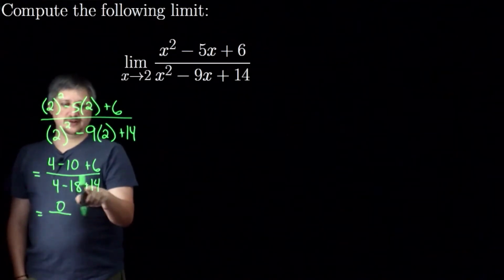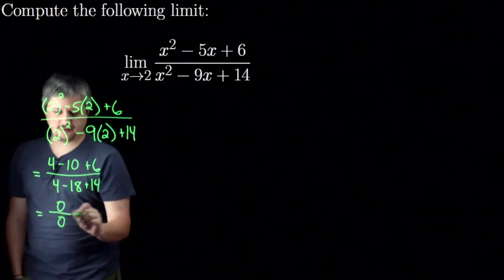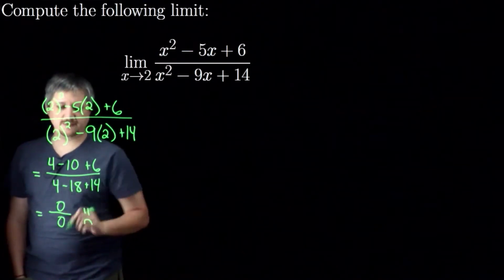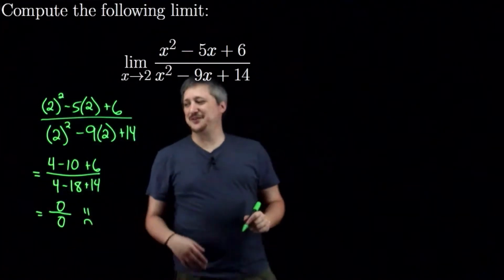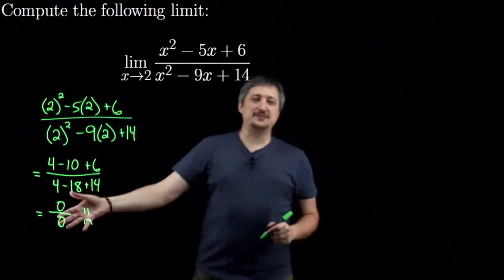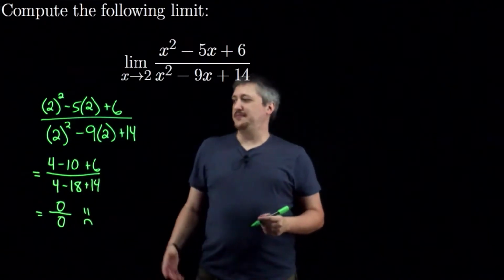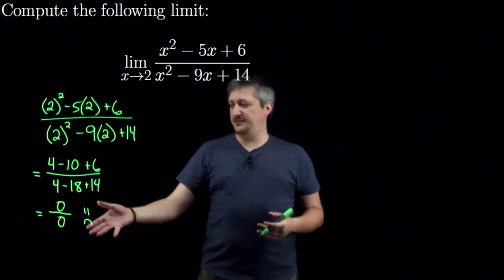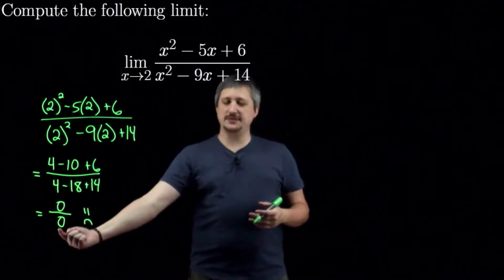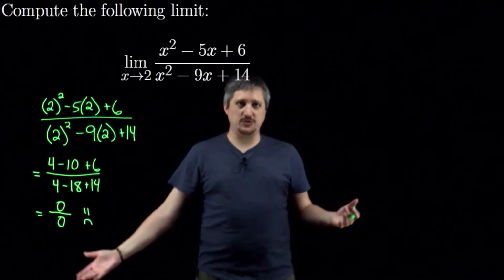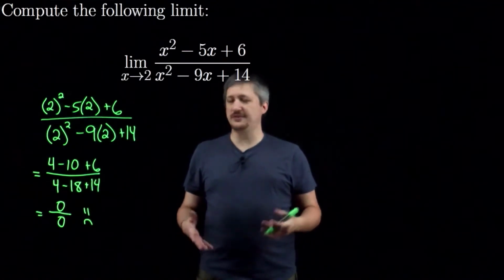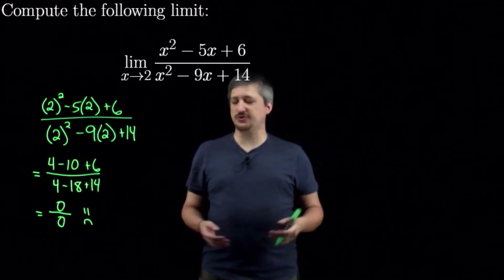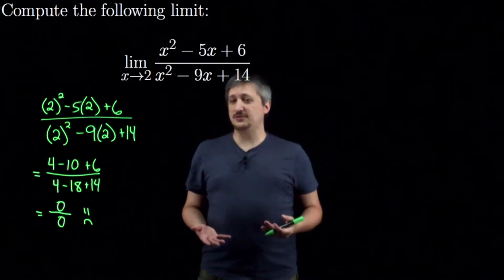And 4 and 14 is 18, minus 18, also 0. That makes me sad. So again, not surprising, things went wrong. But how it goes wrong tells me a lot. Here, the fact that I'm dividing by 0 means that I don't know what this thing is. It's undefined at that point. It's a domain restriction. So definitely not continuous.